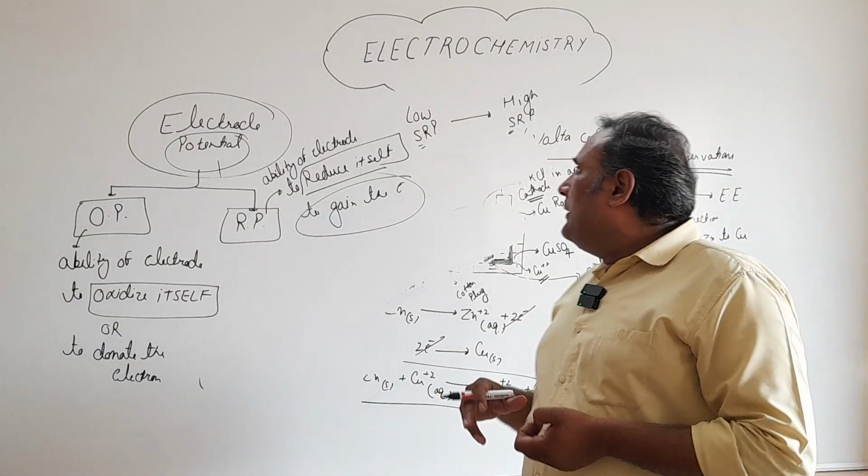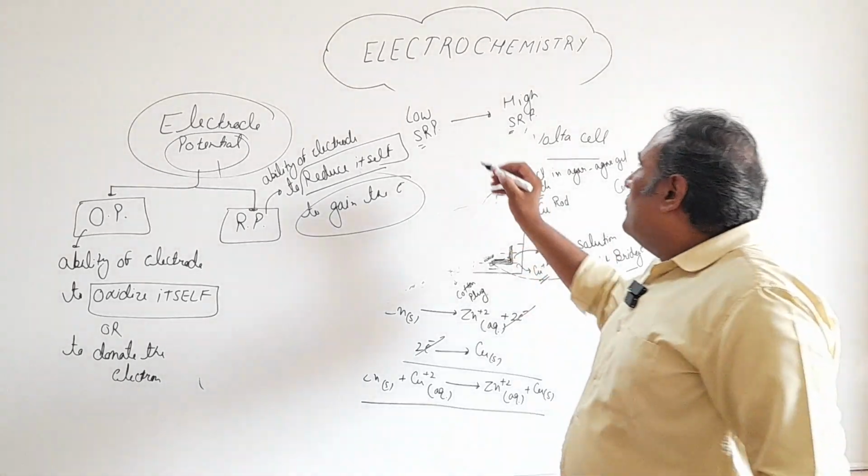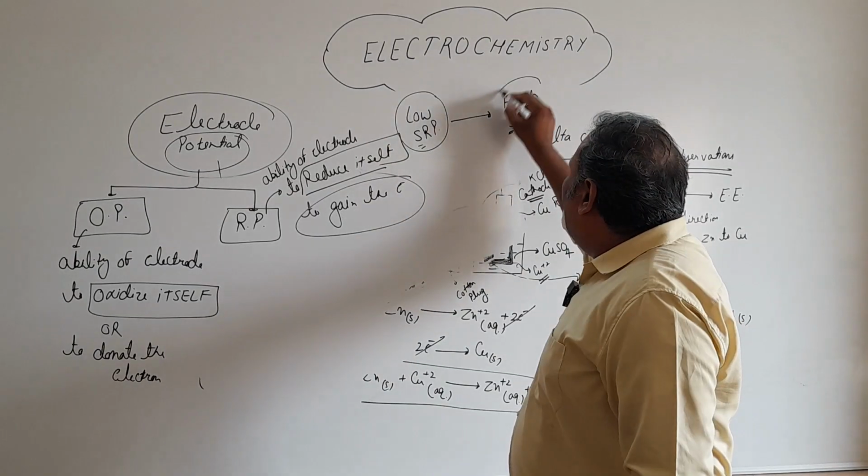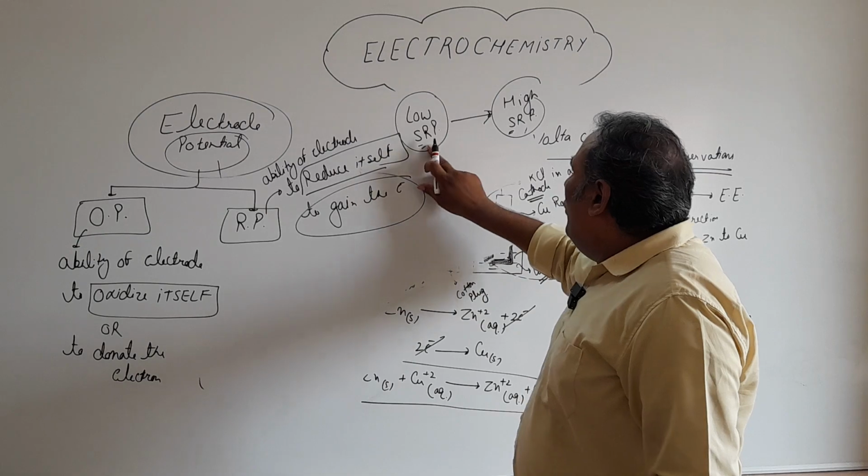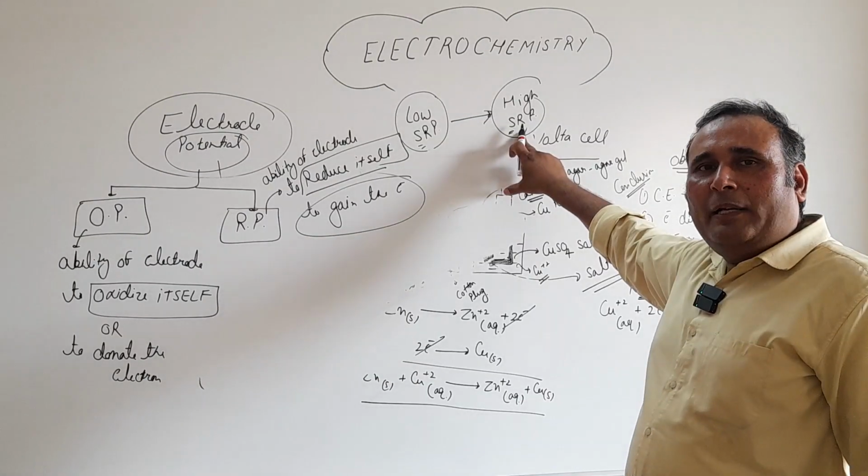That's why we use the term standard. So electron always travels from low SRP to high SRP.